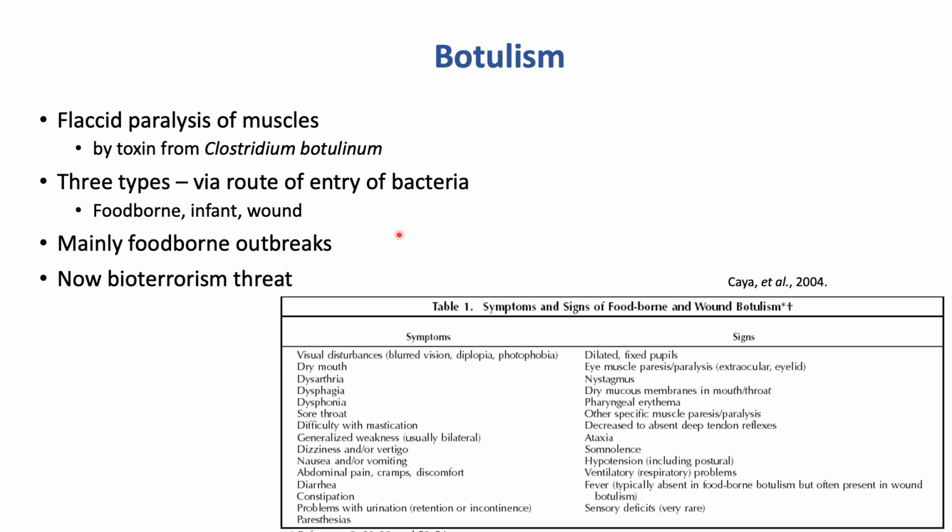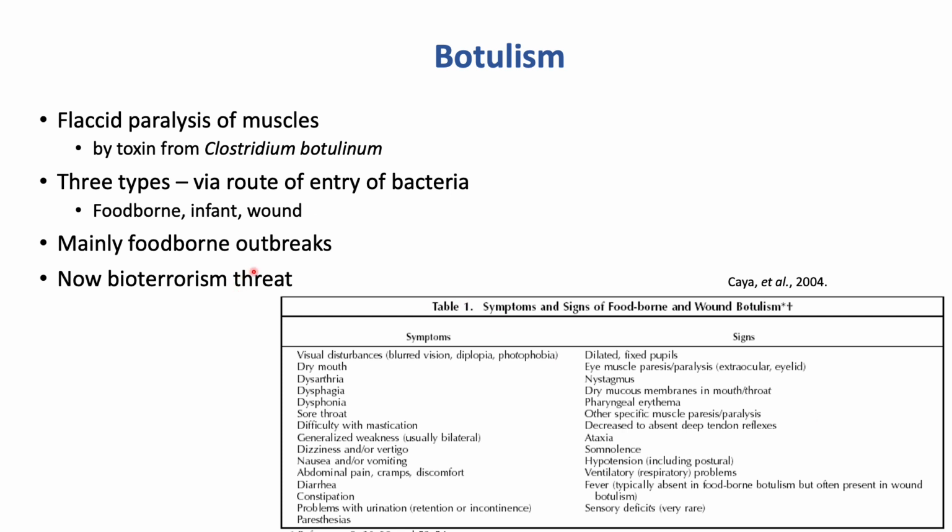It could be foodborne, which arises from eating foods that contain botulinum toxin. Then infant botulism, most prominently presented from the ingestion of honey, which contains Clostridium botulinum spores, which can then germinate in the intestines and release toxin. And then wound botulism is when a wound becomes infected with Clostridium botulinum.